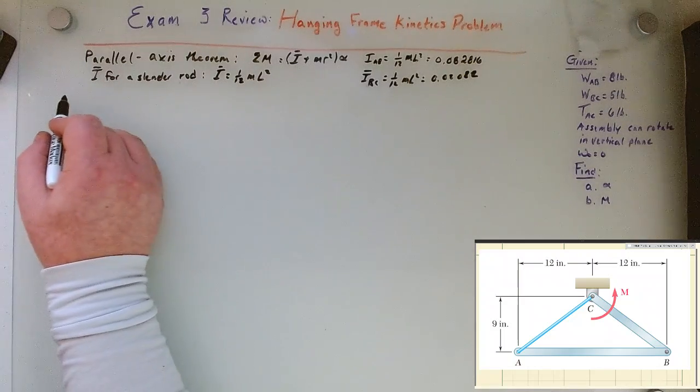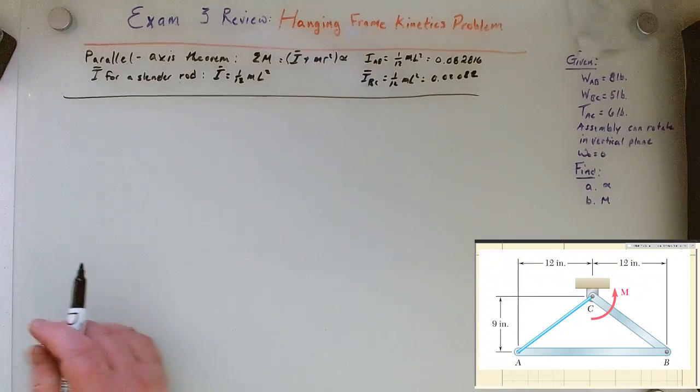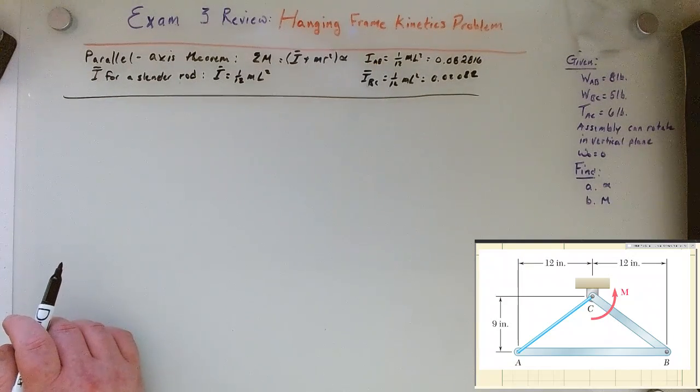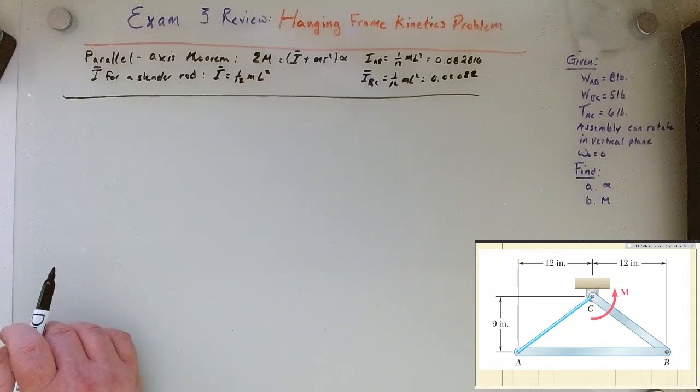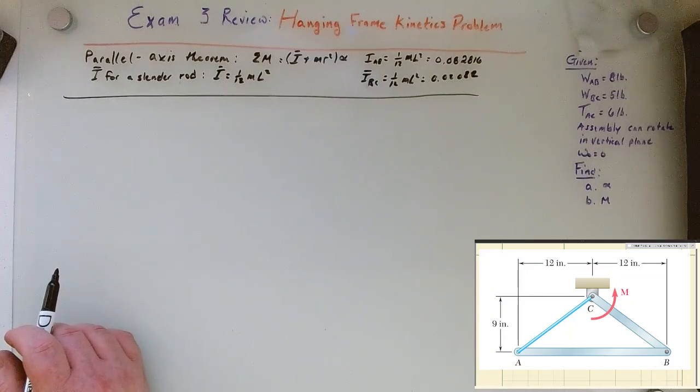So first things first, where to begin? Well, let's begin with A. So if we look at the system, there's a lot going on with it, but what we need is a point where we can analyze from, where we can get alpha.